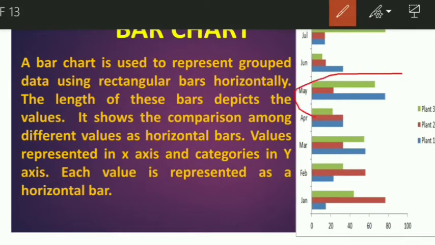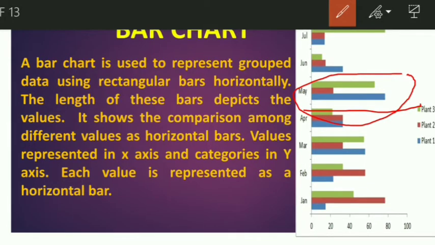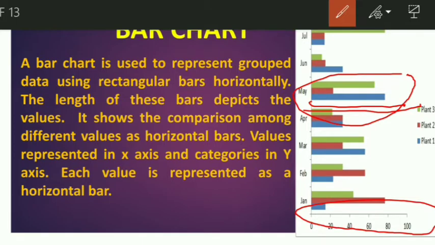These are the rectangular bars in a horizontal position, and the length of each bar depicts the values on the x-axis. So 20, 40, 60, 80 on the x-axis depict the values.